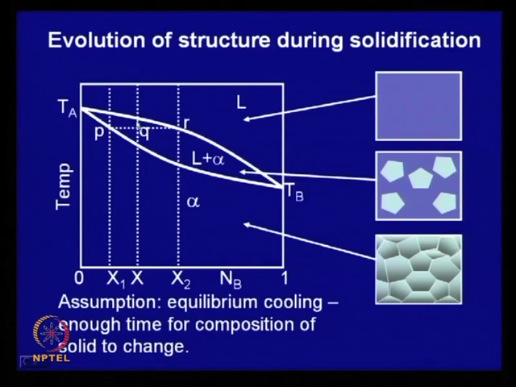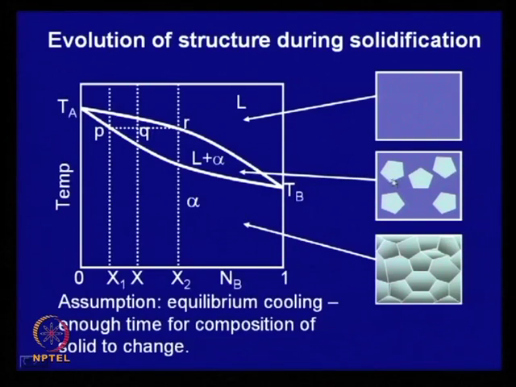And if you assume that the cooling rate is an equilibrium cooling rate, whatever solid nucleates or forms at a particular temperature, its composition also keeps on changing. So, that means its composition is here, it is linear in B. As it cools down, it will become richer in B. So, that means B must diffuse from the liquid into the solid, and it must diffuse from the surface to the center, the core of the crystal.